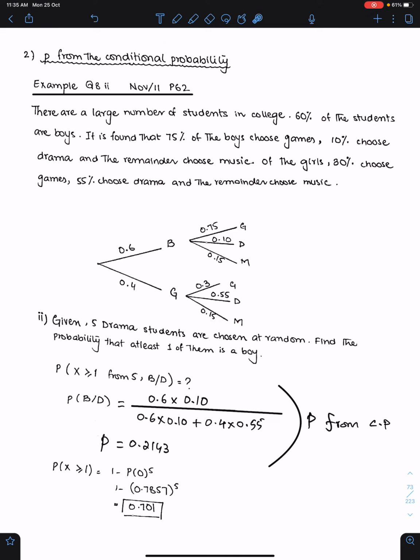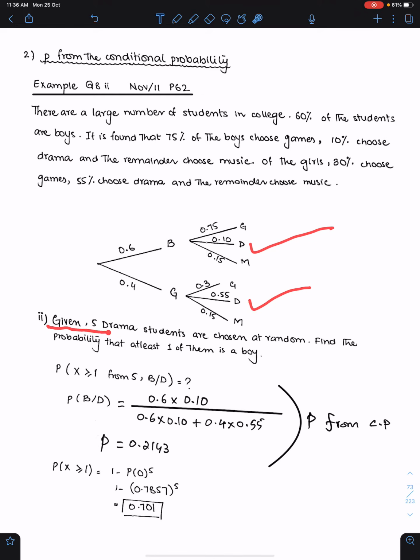So this tree diagram will help us to find the conditional probability. Given that 5 drama students, this information tells you that this is conditional probability because of students. Student means either girls or boys, so drama student means either this or this.